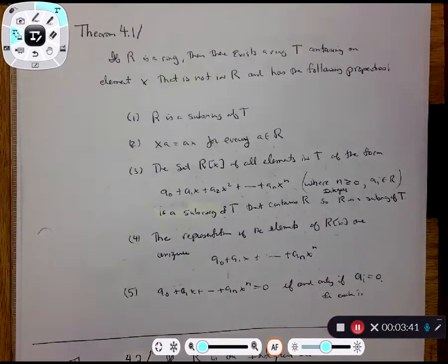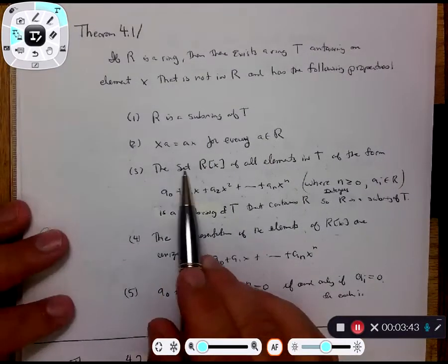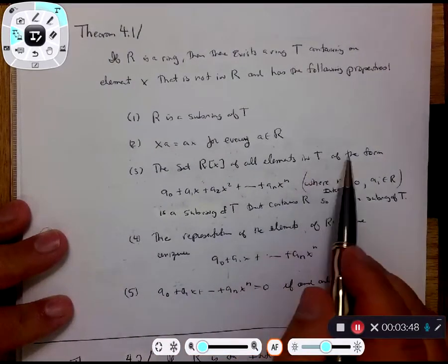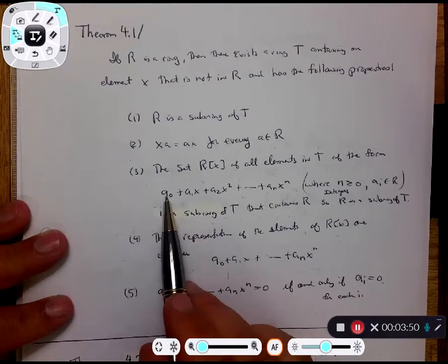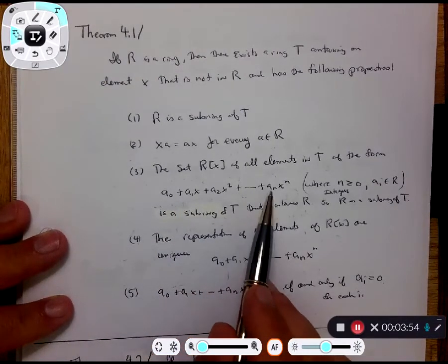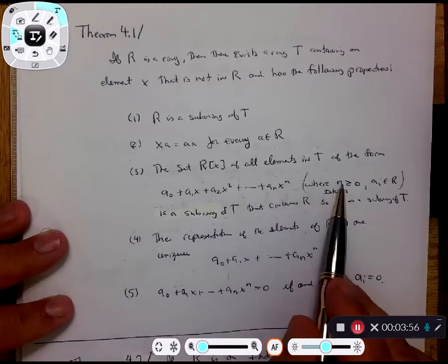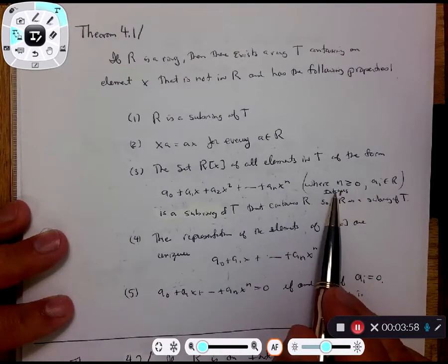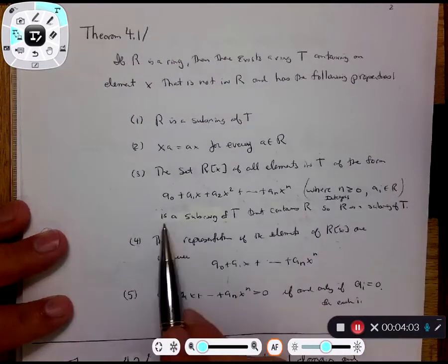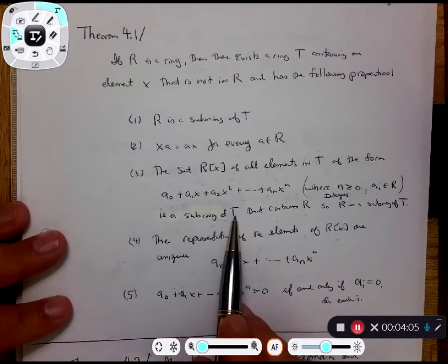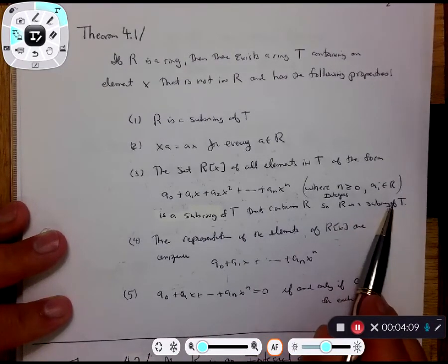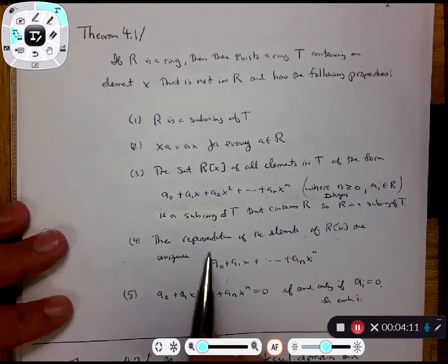Number 3 says the set R adjoined x of all elements in T of the form a_0 + a_1 x + a_2 x^2 + ... + a_n x^n, where n is greater than or equal to 0, and the a_i's are elements of R, is a subring of T that contains R. So let me explain this part.